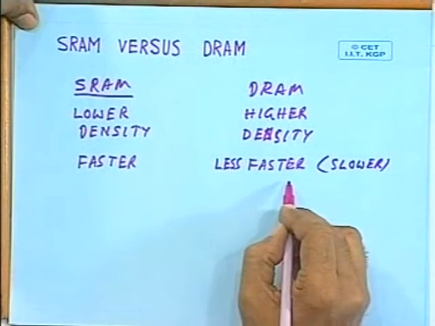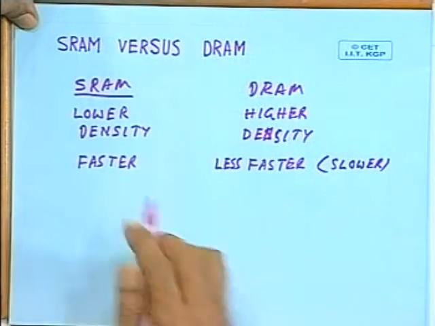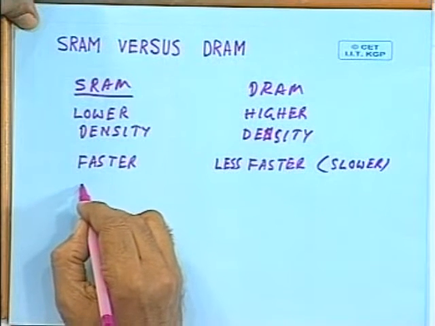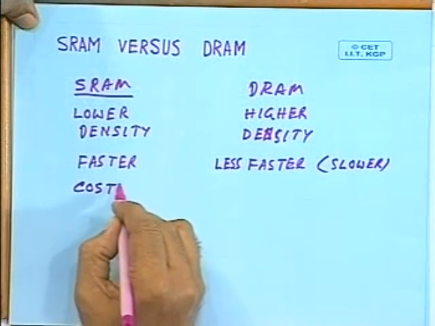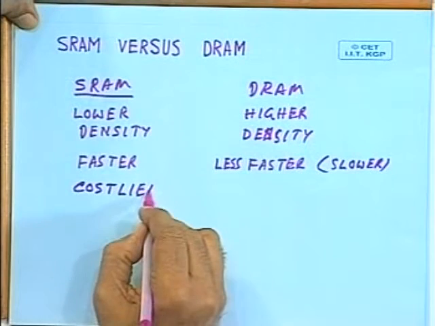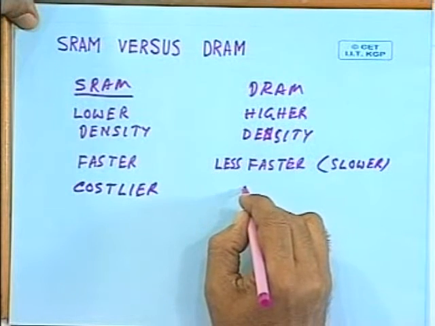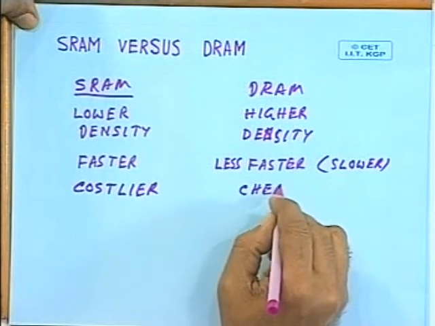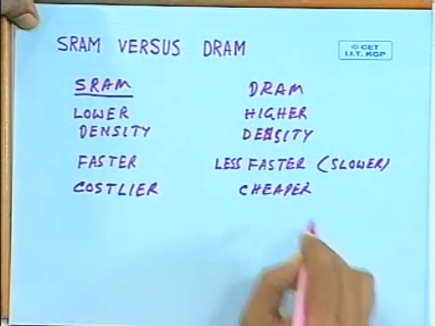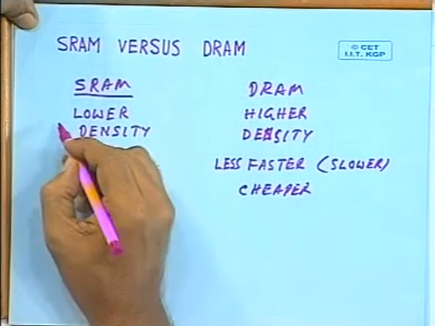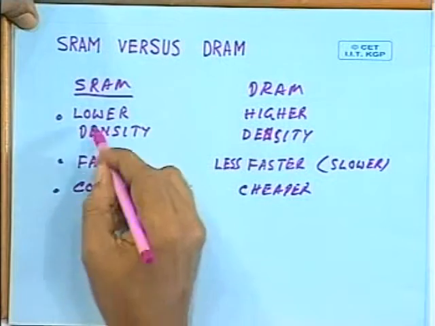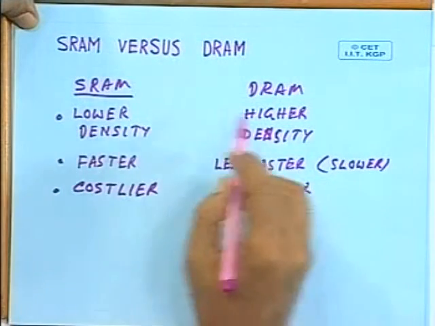SRAM is faster than dynamic RAM. Then cost wise, SRAM is costlier, and dynamic RAM is cheaper. And these are the typical main characteristics of the SRAM and dynamic RAM.